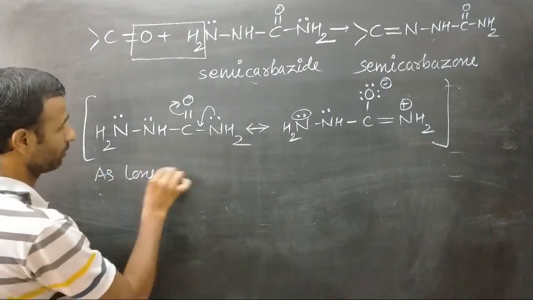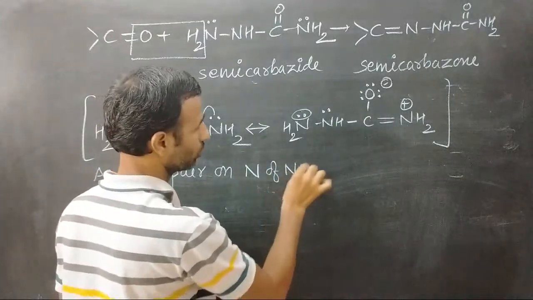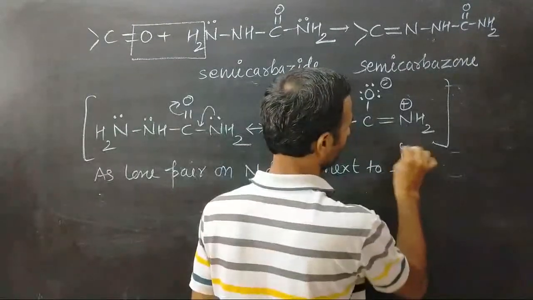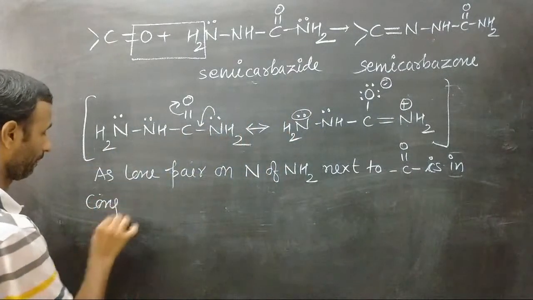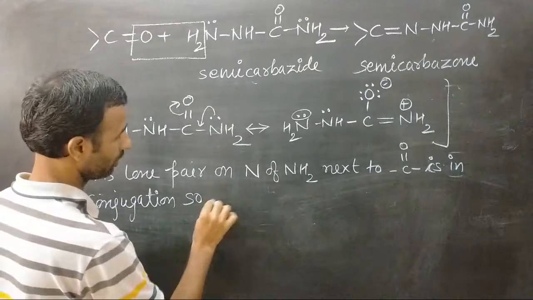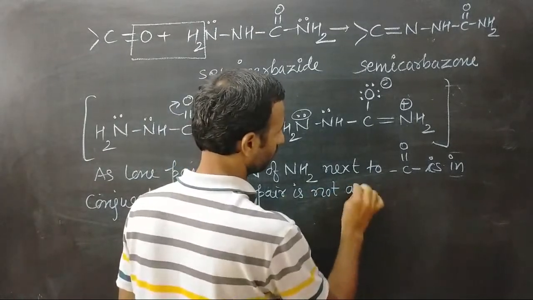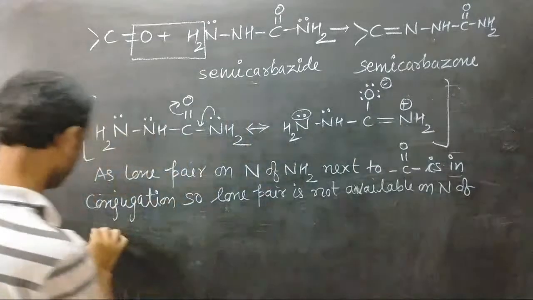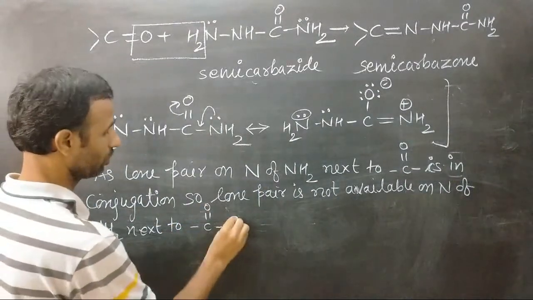As the lone pair on the nitrogen of the NH2 next to CO is in conjugation, the lone pair is not available on the nitrogen of the NH2 next to the CO group.